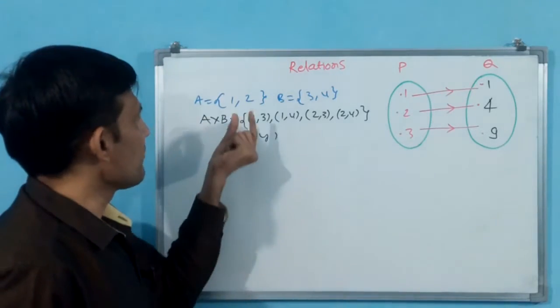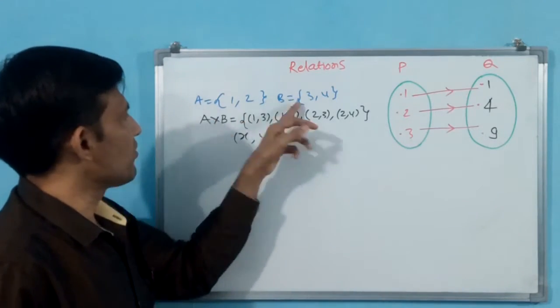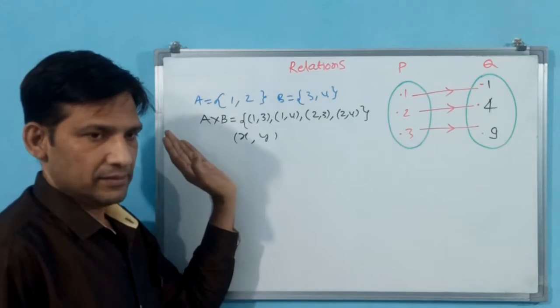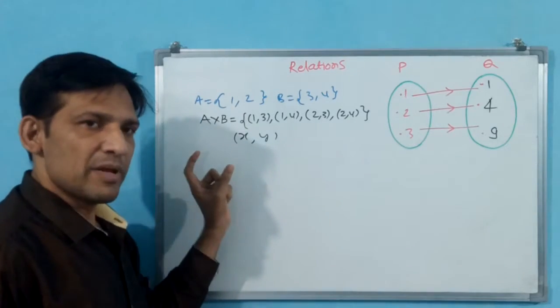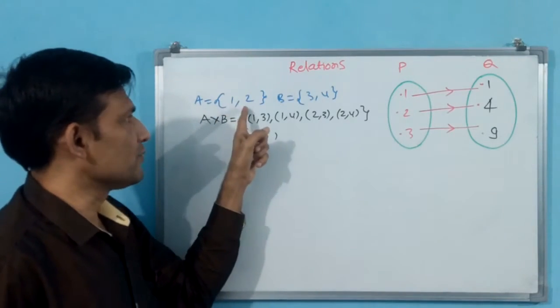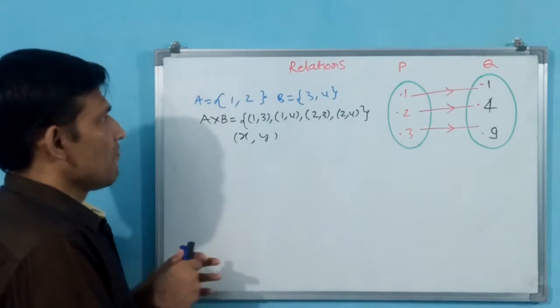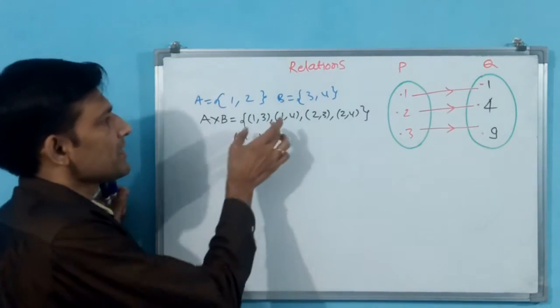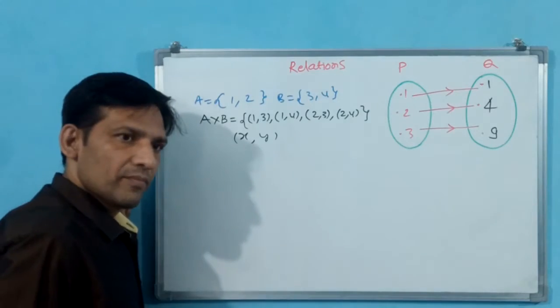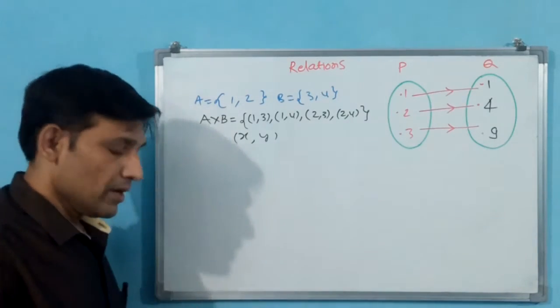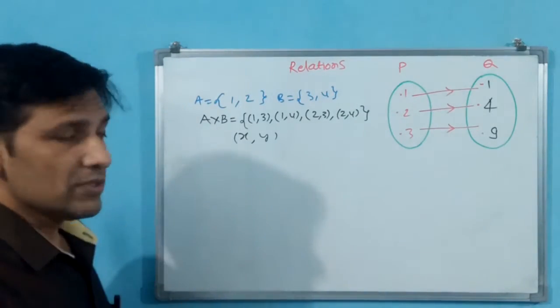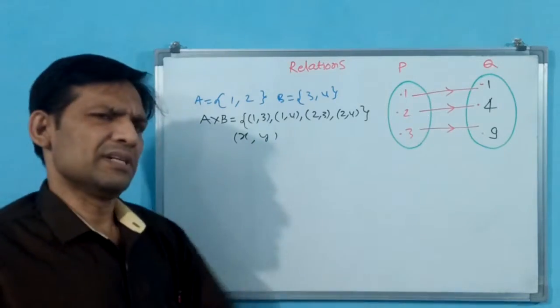That means if you are making a Cartesian product between two sets, each set may have some elements, like here 1 and 2, here 3 and 4. After making the Cartesian product, some elements will come. Now, if you see subsets, the subsets will be much bigger.